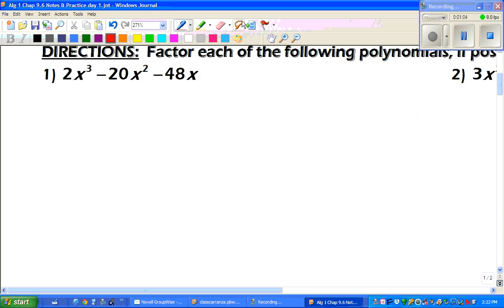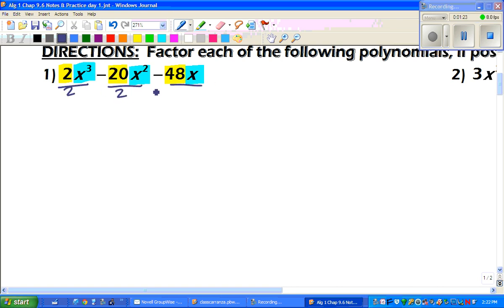So looking at 2x to the third minus 20x squared minus 48x. Is there a number and a variable that we can take out of all of these? And that answer is yes.